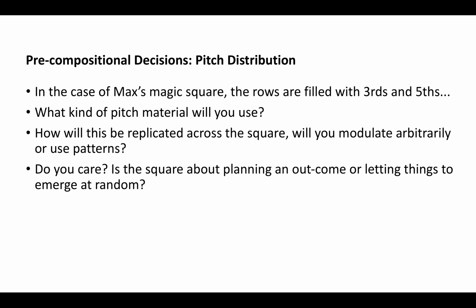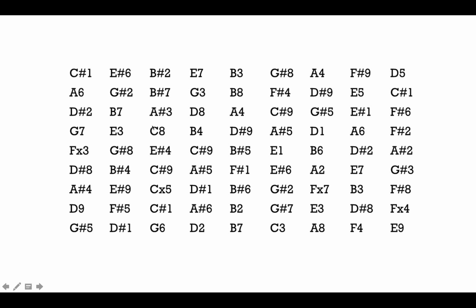So what are our pre-compositional decisions when we are distributing pitch? Well, in the case of Maxwell Davies' Magic Square, the original piece of pitch material that he uses is filled with thirds and fifths. We can see that the C and E, and we have this D, F, A, and the G to B, G sharp to B, well, that's sort of a tritone, but still kind of in the same region.